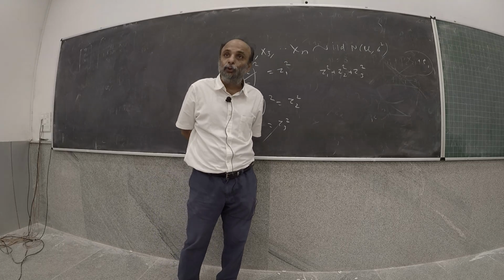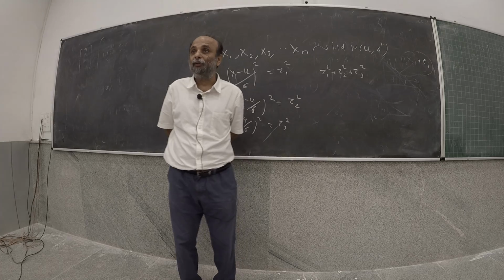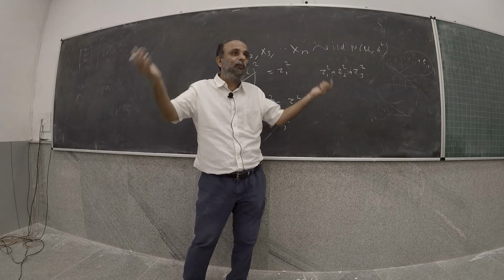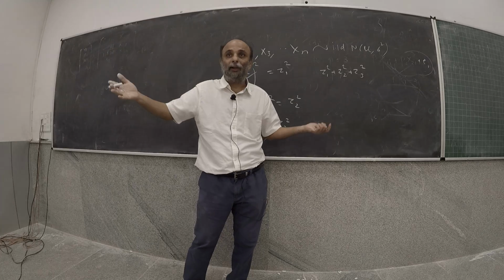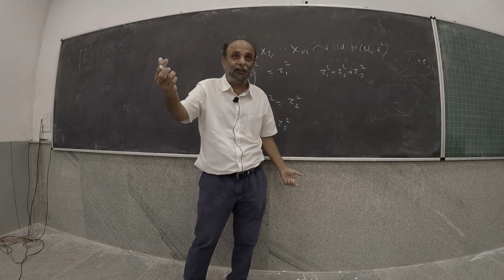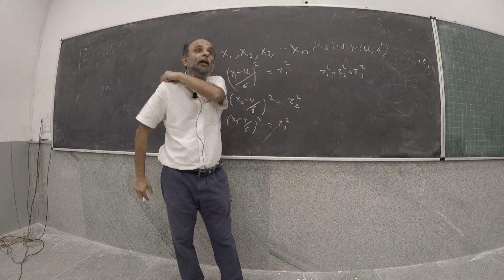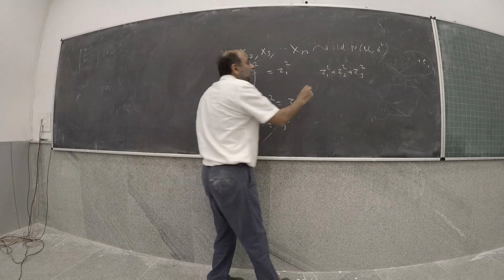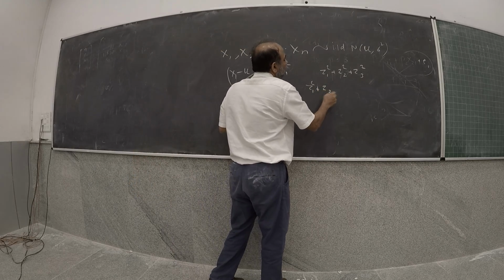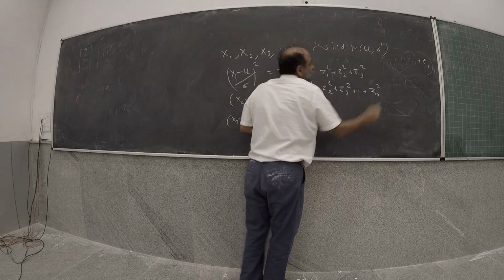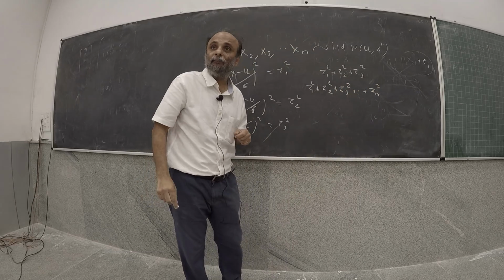The value that x2 takes is the outcome of a chance experiment. Any element of the population can be chosen as x1, x2, x3, so the value that it takes is random. So z1 square plus z2 square plus z3 square must also be a random variable. In general, z1 square plus z2 square up to zn square must also be a random variable.